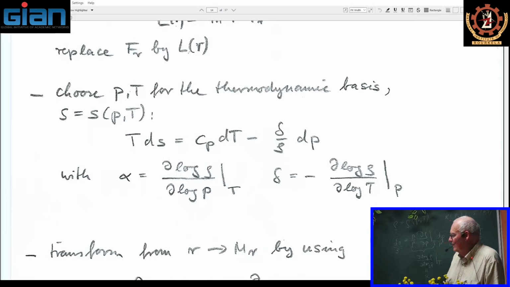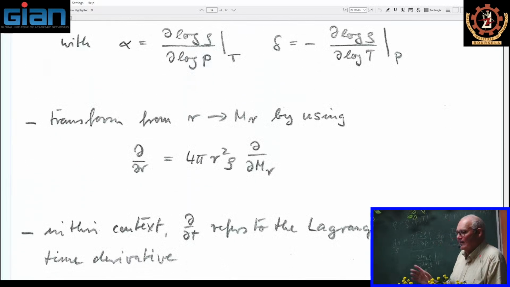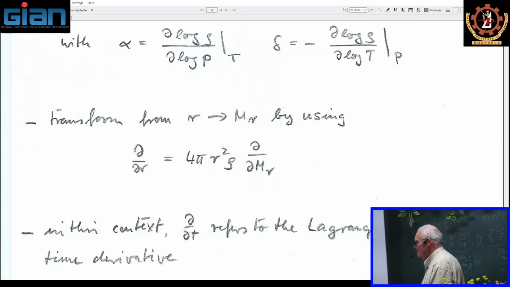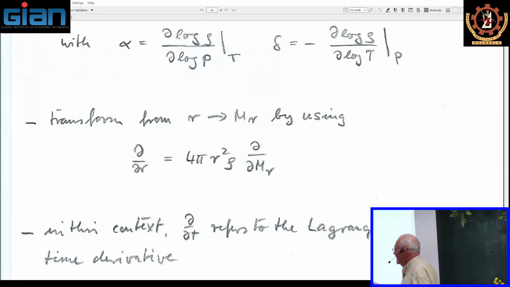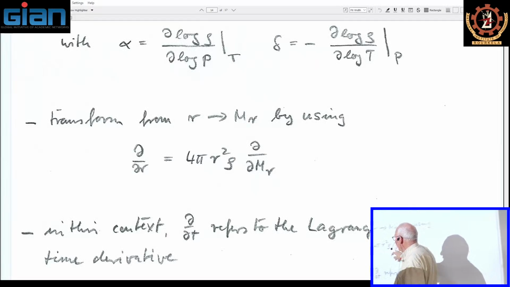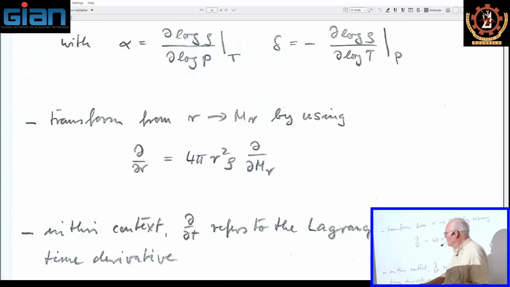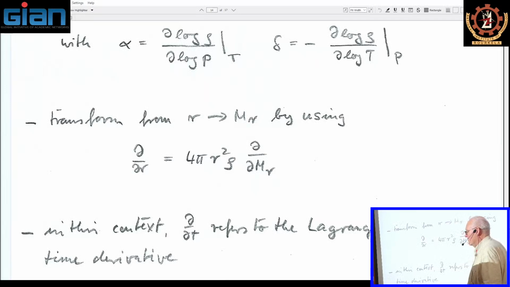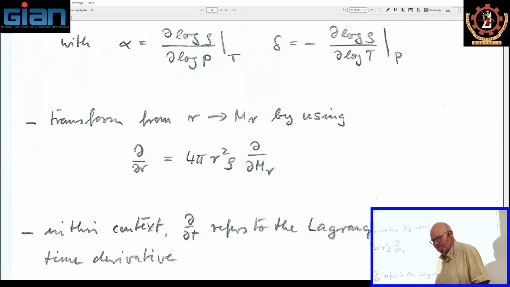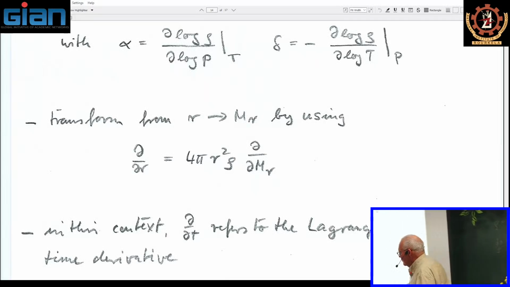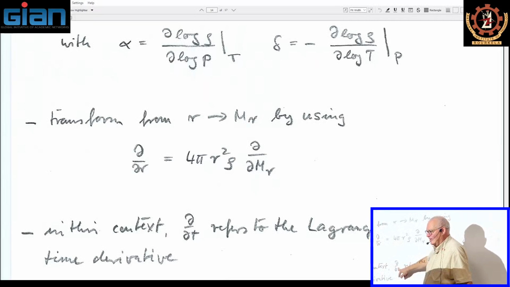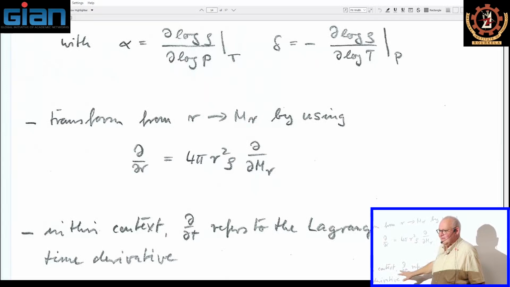Okay, the next transformation which is done is taking the dr by dm, so to say the equivalent of the mass conservation, taking this definition of the mass mr for a transformation from the Eulerian variable r to the Lagrangian variable mr. And of course, in this context, whenever we have d by dt, even if we write it as a del over del t, it's meant in the Lagrangian sense.